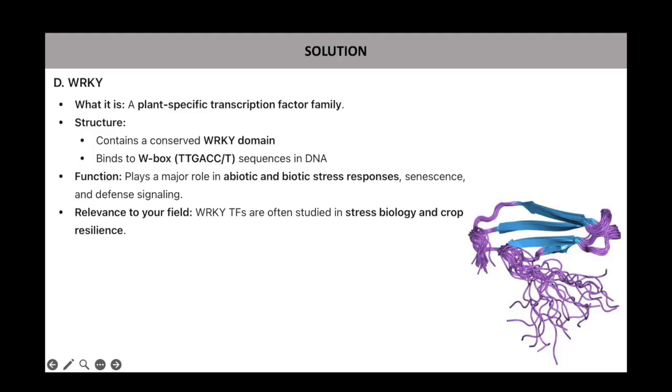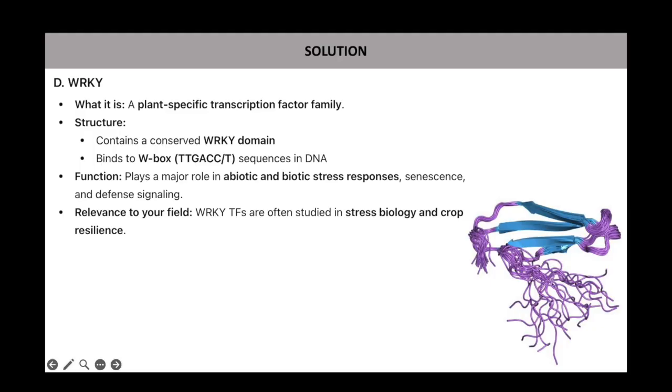Now, the W box here is a small DNA sequence just like the CAAT box, except that the W box might or might not be present in the promoter region, but the CAAT box is always present. The sequence of the W box is known, TTGACC. If this sequence is present in the promoter, the WRKY transcription factor can bind to the W box and regulate gene expression.